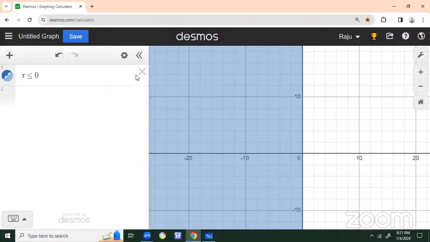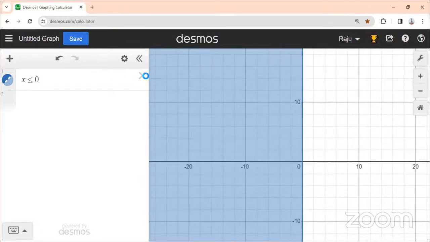Similarly, if you talk about y greater or equals to 0, which region will have y greater or equals to 0? Can you guess? First and second quadrant. Okay, let's find out here. Today my network is not good.